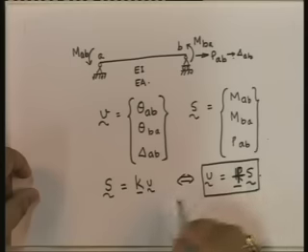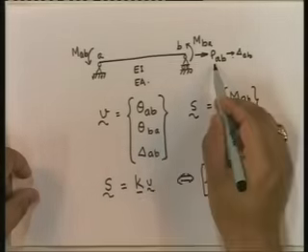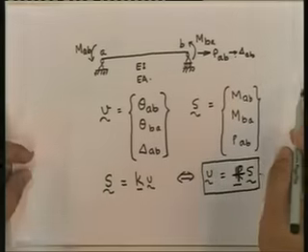And therefore, you will see that theta AB and theta BA are equal to 0 if P, MAB and MBA are equal to 0.